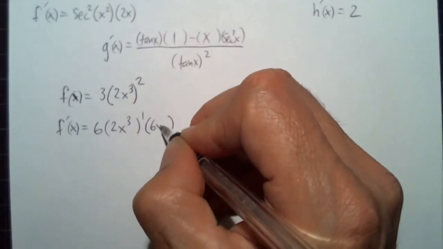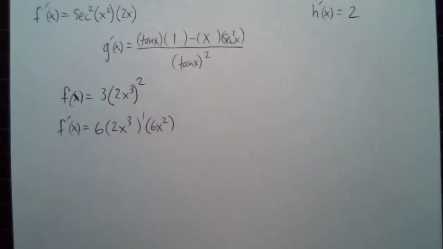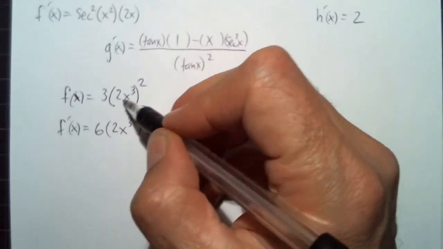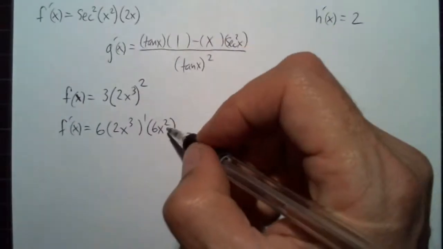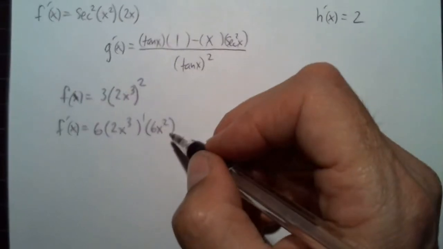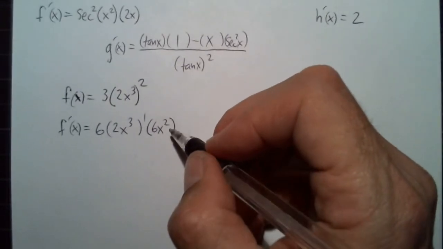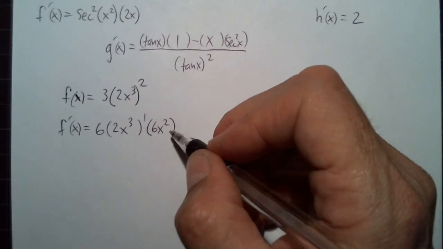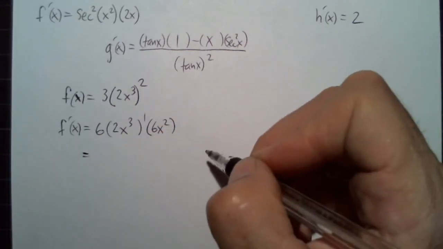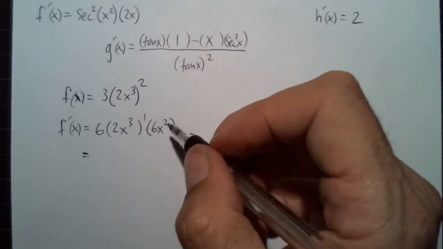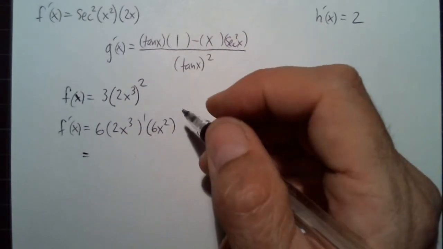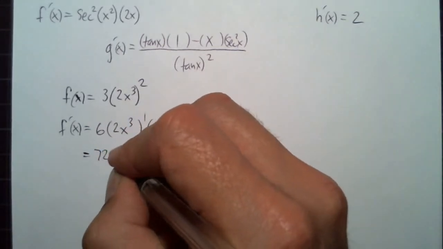That would be 6x squared. In this problem, we could also just expand it and do one power rule. But to show the chain rule, to show the implicit differentiation, we're going to do it like this. And we could combine all of this. We have 1272x to the fifth.